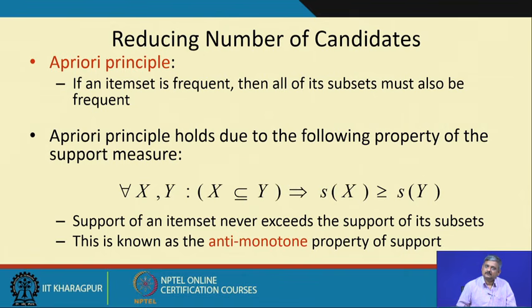So, it says that if X is a subset of Y, the support of X is definitely going to be more than the support of Y. In other words, the support of an item set never exceeds the support of its subset.